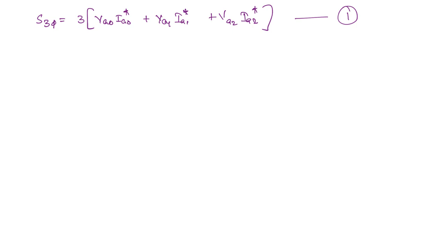Next we will try to find out the power of each of the symmetrical components. What will be the complex power of the zero sequence component? It is the sum of all three phases. We will take this as S0.